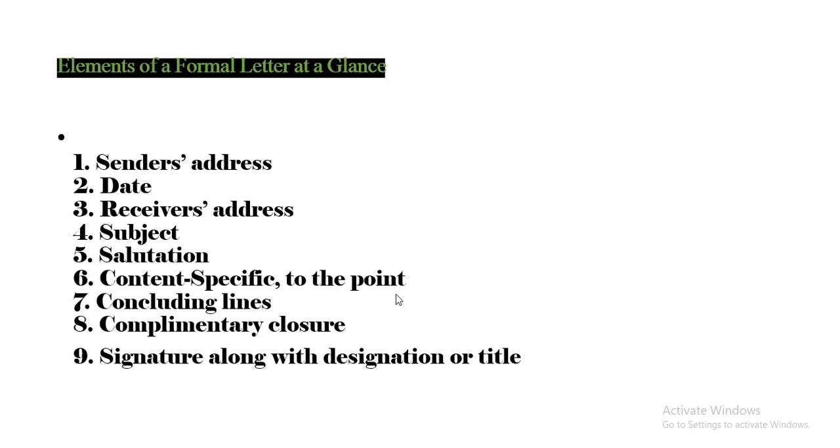Number 1, sender's address. Number 2, date. Number 3, receiver's address. Number 4, subject. Number 5, salutation. Number 6, content, specific to the point. Number 7, concluding lines. Number 8, complimentary close. Number 9 is signature along with designation or title.